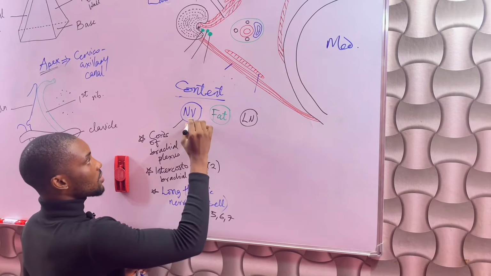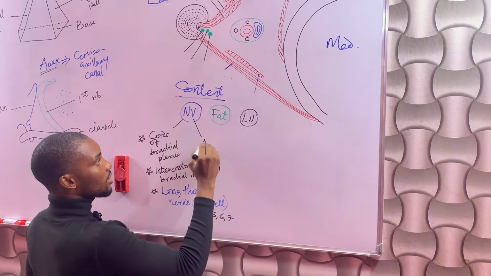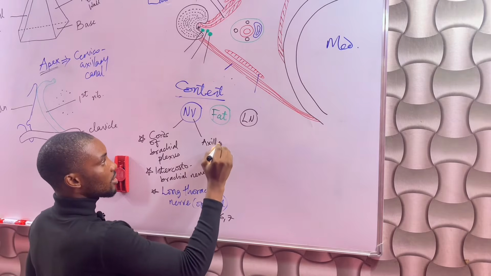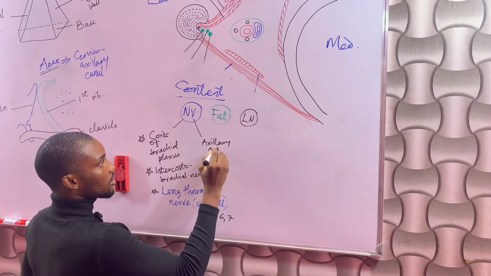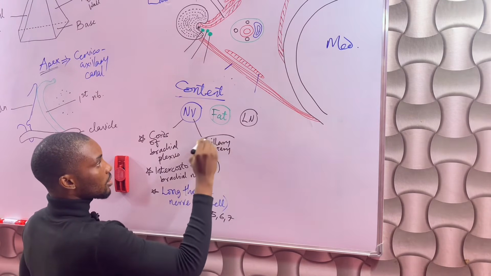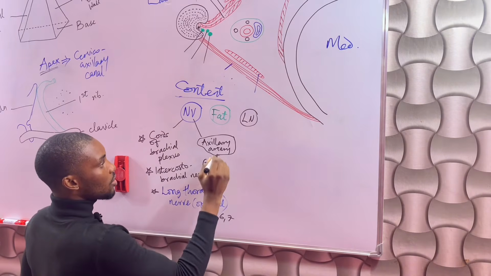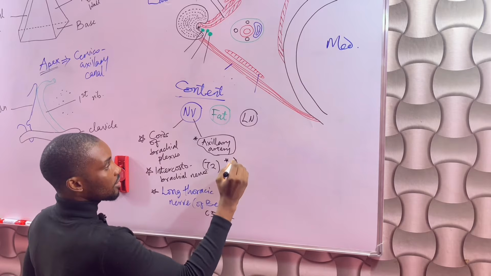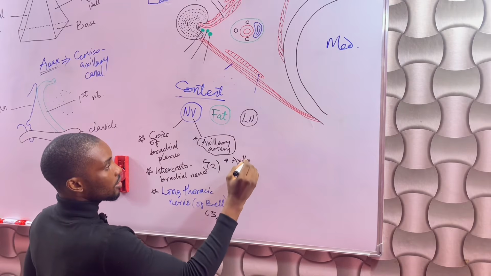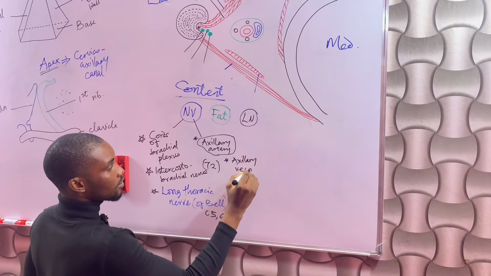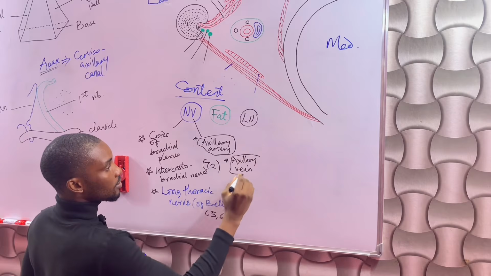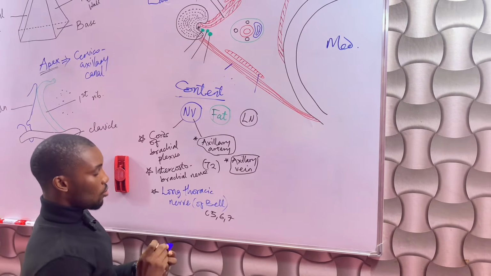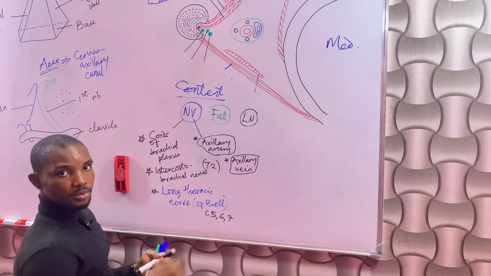Then for the vessels, we have the axillary artery. And then we have the second one, which is the axillary vein. We move over to the fats.